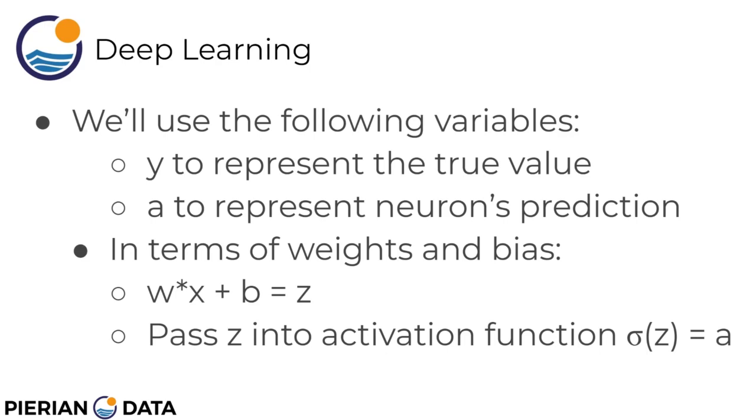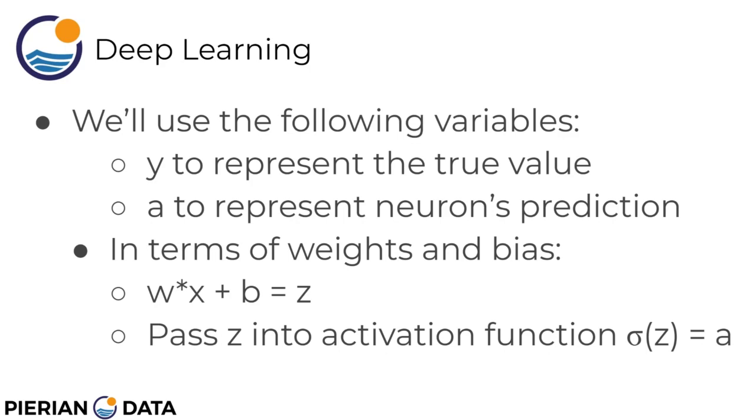I want to introduce a couple of variables. We're going to use y to represent the true value, and a to represent the neuron's prediction. Recall, we set z to be a representation of weights times x plus b. Then we pass that z into an activation function, such as a sigmoid function, so that z passed into the sigmoid is equal to a.